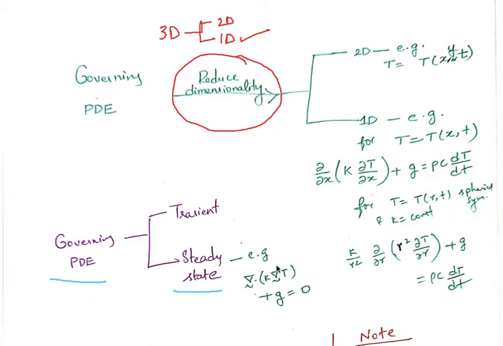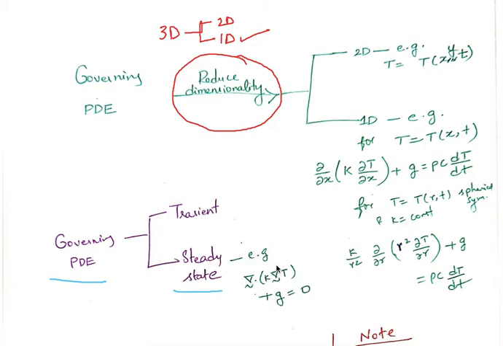Okay, so what is the simplest setting you can have? I said in space you can reduce the dimensionality. That is one way to reduce the complexity. And in time, you can either be looking at steady state, where things are not varying with respect to time, or you could be looking at transient, where they do vary with respect to time.